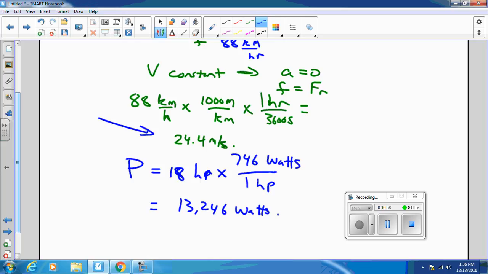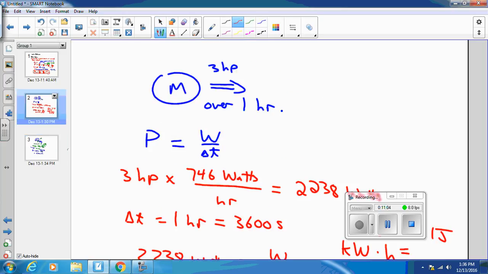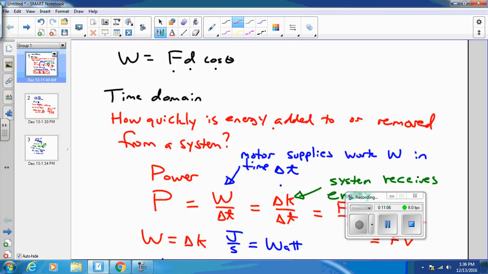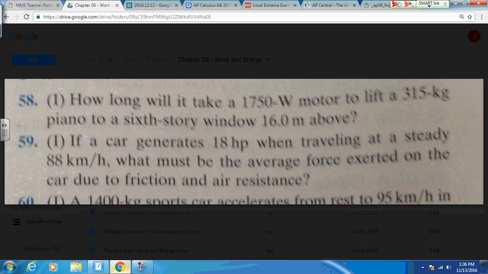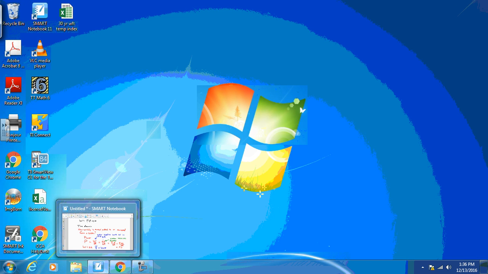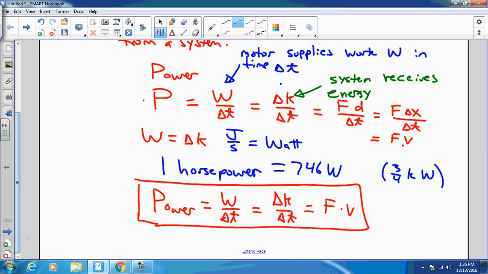Okay, and here's how we put it all together. For this, we know the speed, and what we're looking for is force. And so that suggests that we want to use the third equation from back here, which is that the power is equal to the force times the speed, or the velocity.